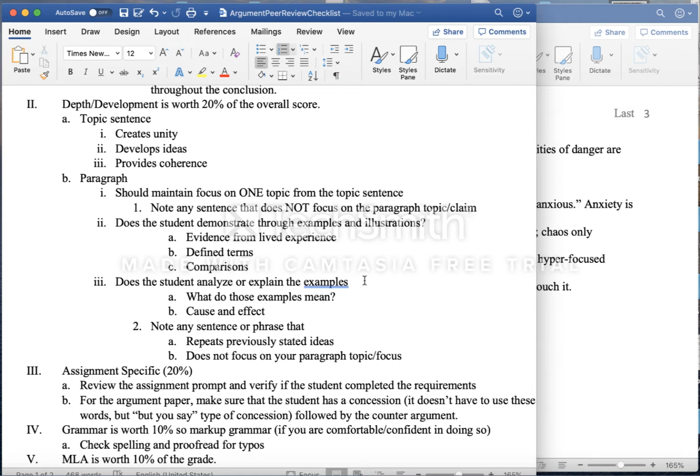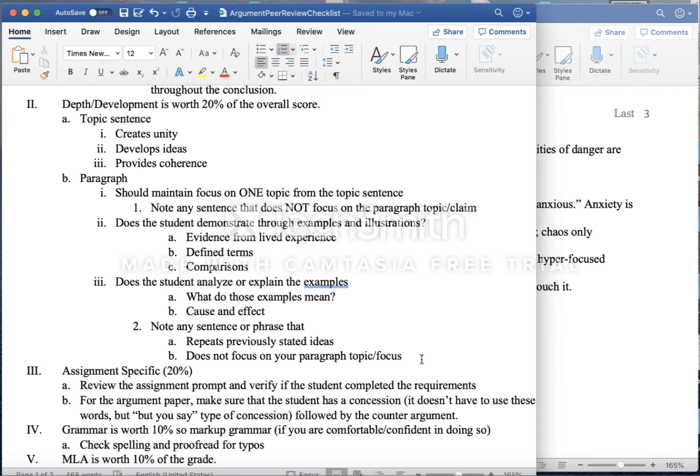Note any sentence or phrase that repeats a previously stated idea. This is the one where I sometimes will draw a sort of winding circle on a student's page because they keep saying the same thing over and over in different words. Your job is not to fix it, but just to say, rather than restating this, can you think of another example or another explanation?